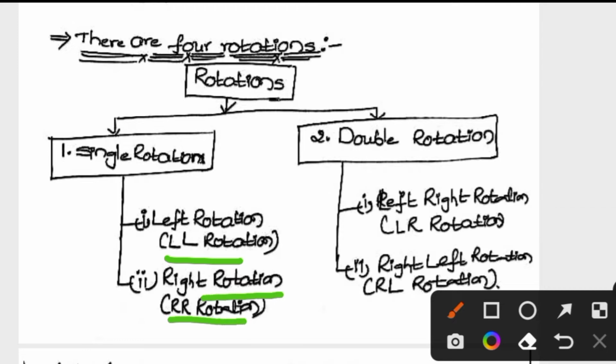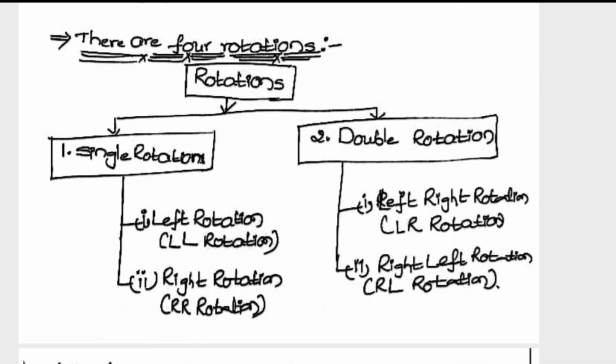In double rotation also there are two categories. The first one is LR rotation, that is left right rotation, and the next one is RL rotation, that is right left rotation. Now we will see the rotations with examples.